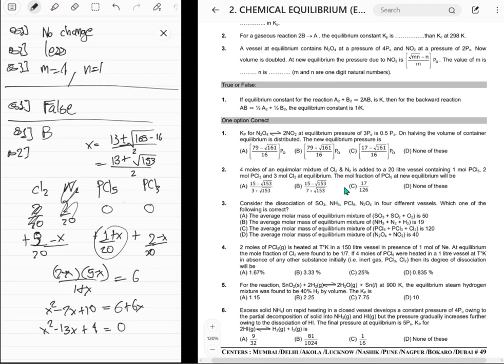So it's going to be 1 plus x. This was Cl2, this was PCl5, this was PCl3. So mole fraction will be 1 plus x upon this added up, so 7 minus 2x. That's what you want to find, and x is this thing.